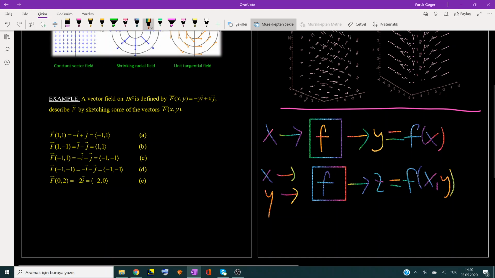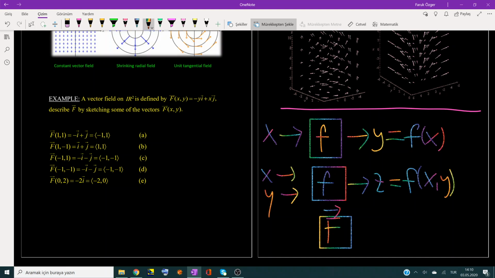What about the vector field? You have capital F. Let me put an arrow on the top. If you work in 2-dimensional space, you have 2 inputs. If you work in 3-dimensional space, you have 3 inputs.